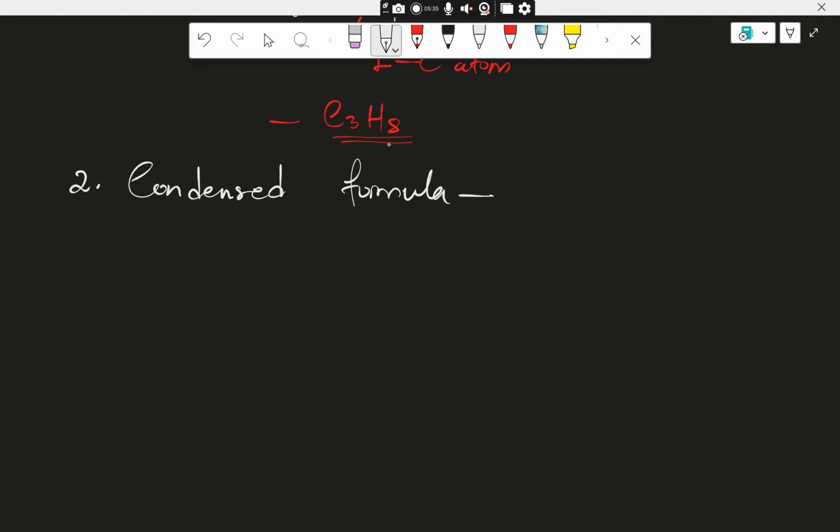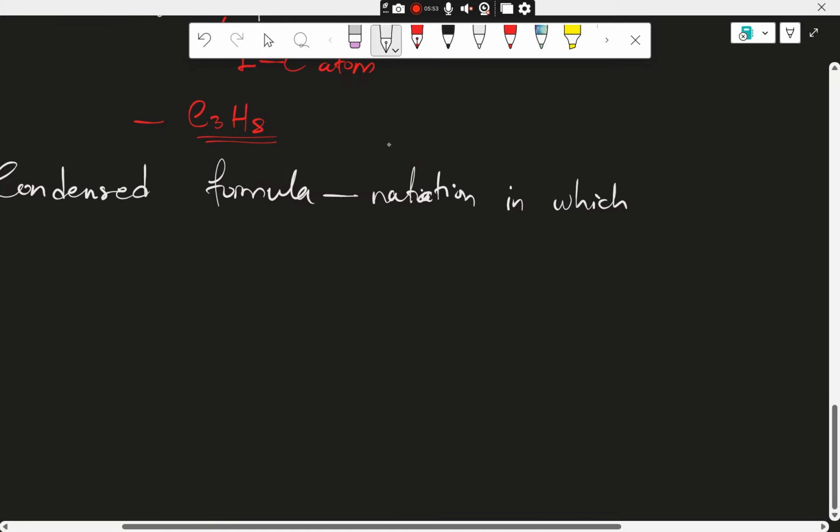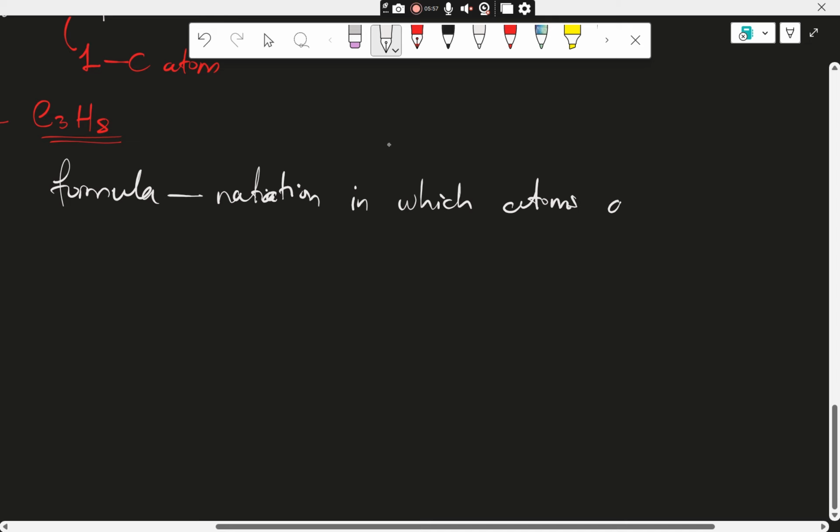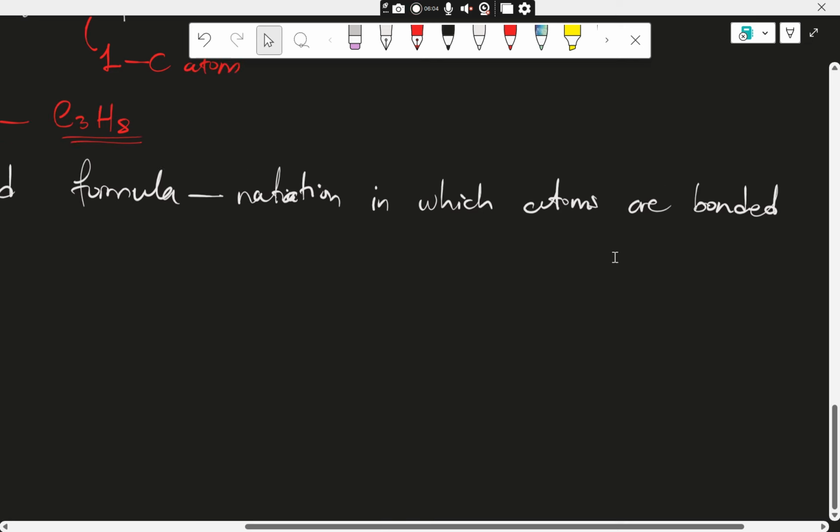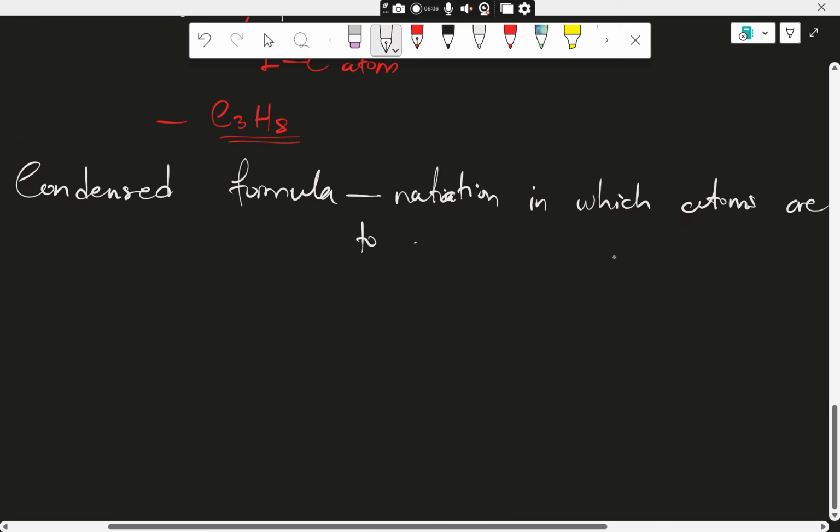This is just a notation in which atoms are bonded to each other in a molecule.